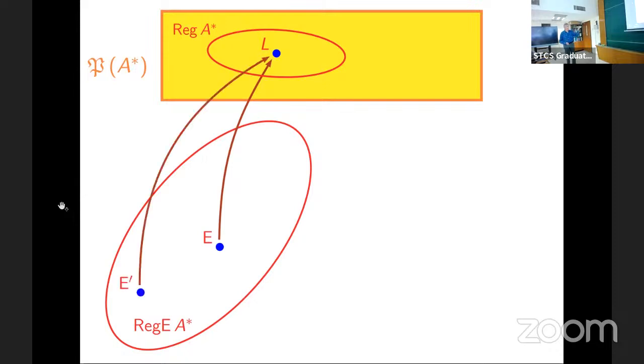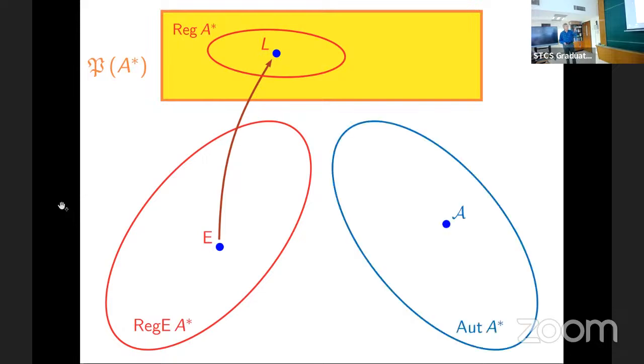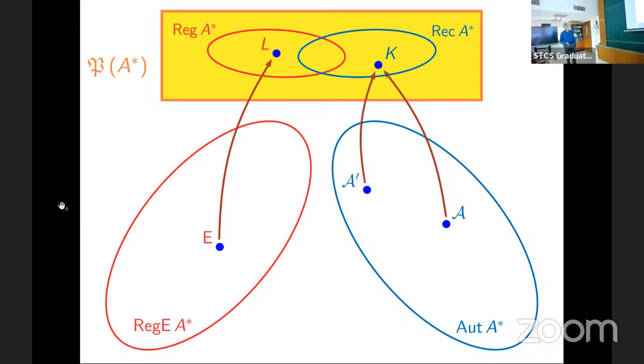Of course, another expression may denote the same language. On the other hand, we have here the set of finite automata over A star, and an automaton accepts or recognizes a language, and this defines the set of recognizable languages. Of course, another automaton may accept the same language.